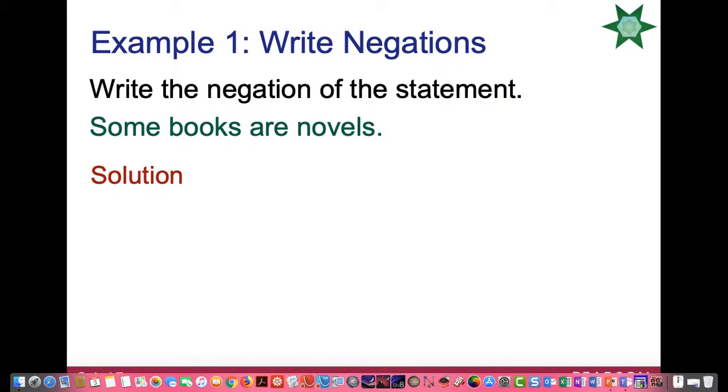Okay, so we have the statement, some books are novels, and we want to write the negation of that statement. The solution: look back on your table of what some is versus the negation of that statement. So the negation of some will be none. Some are, none are.